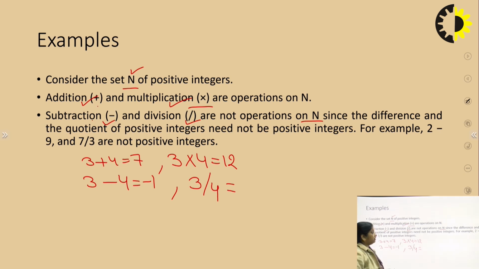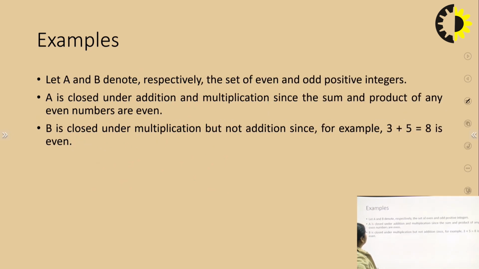Let us understand with one more example. I am taking two sets here, A and B. A is the set of even integers and B is the set of odd positive integers. A has positive integers which are even, and B is odd. If I talk about addition, what will happen if I take the set of even integers and do addition?